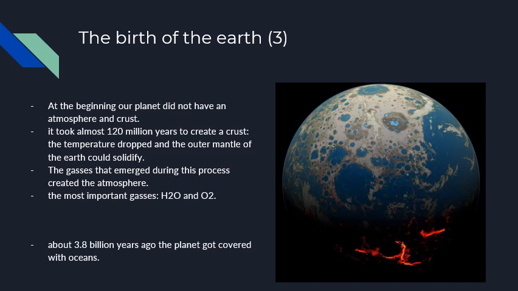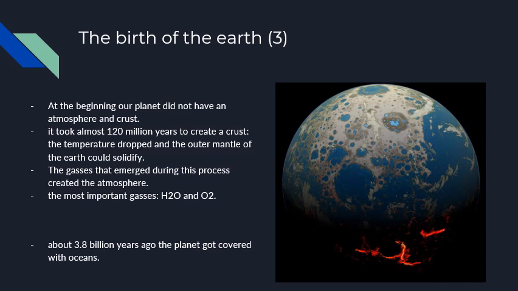Our planet became solid, which means the crust on the outer skin of our planet became solid, so that later on animals and we, of course, could walk on it. And when that happened, gases escaped from the rock into the sky, and that created our atmosphere.